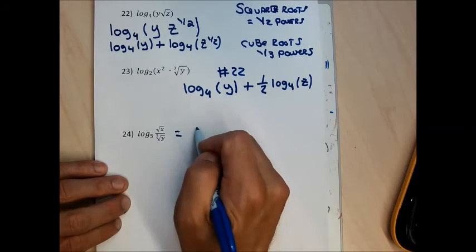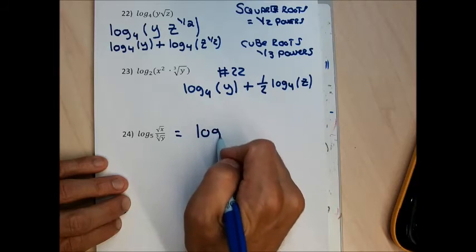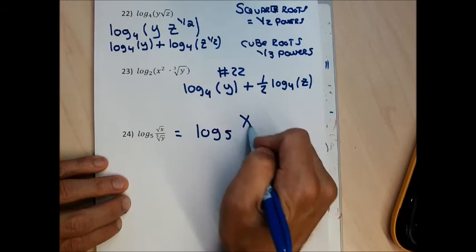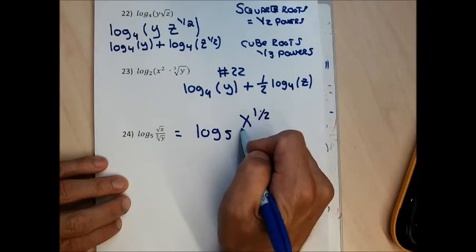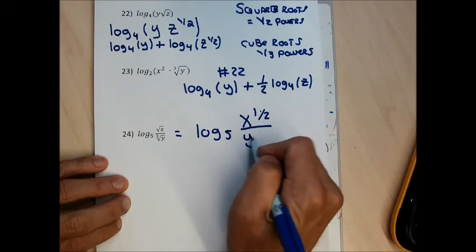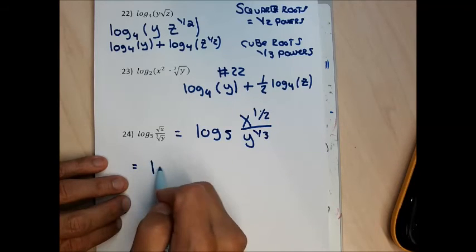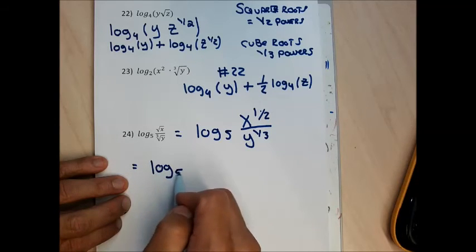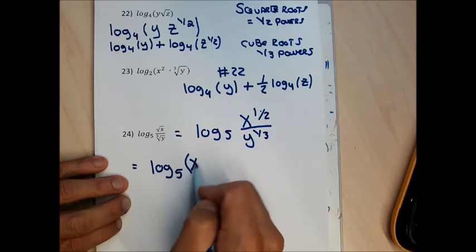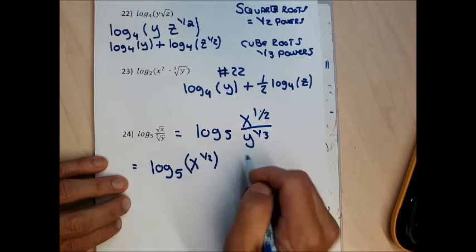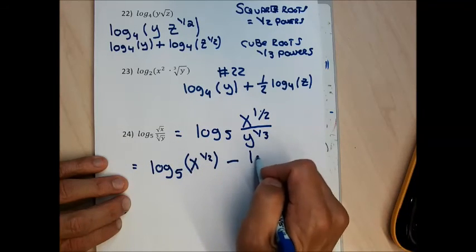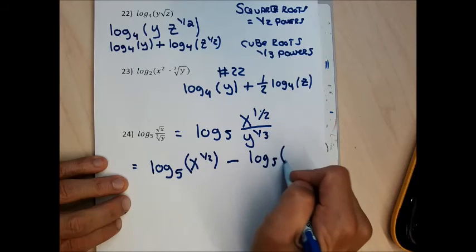For 24, I have to change the square root of x to x to the 1/2 power, and the cube root of y to y to the 1/3 power. Now I can expand this into 2 logarithms. I'm going to get the log base 5 of x to the 1/2 minus, because of the division, log base 5 of y to the 1/3.